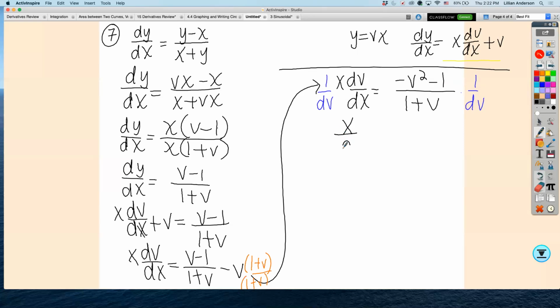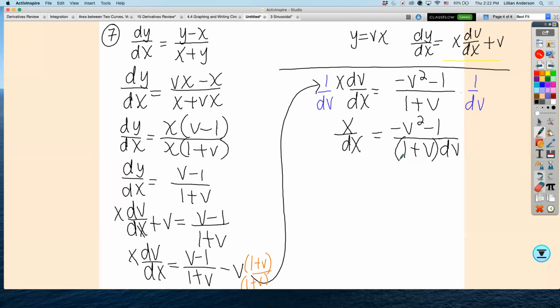So I'll have x over dx equals, technically, with the dv in the denominator. Can I have that? Have you ever seen dv in the denominator, dx in the denominator? No, normally they're side by side, which means they're technically over 1. That looks really weird. So how can I fix it?